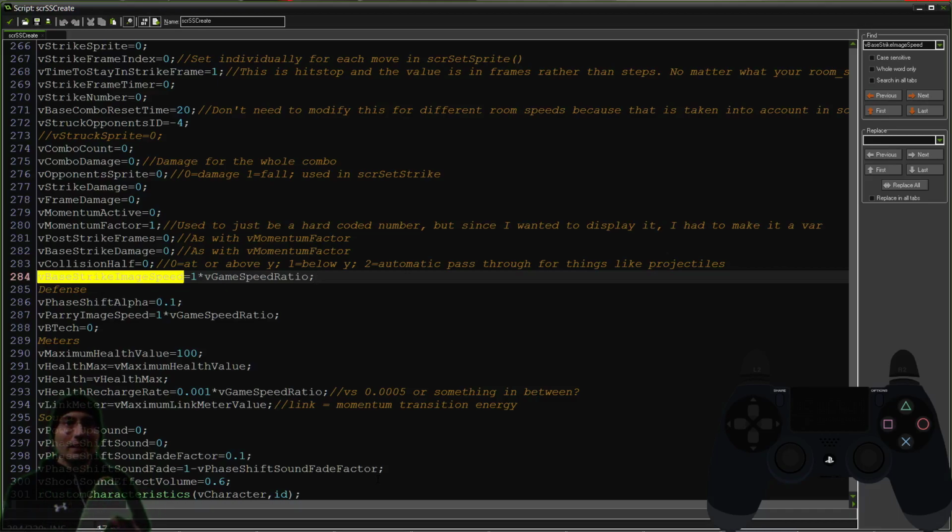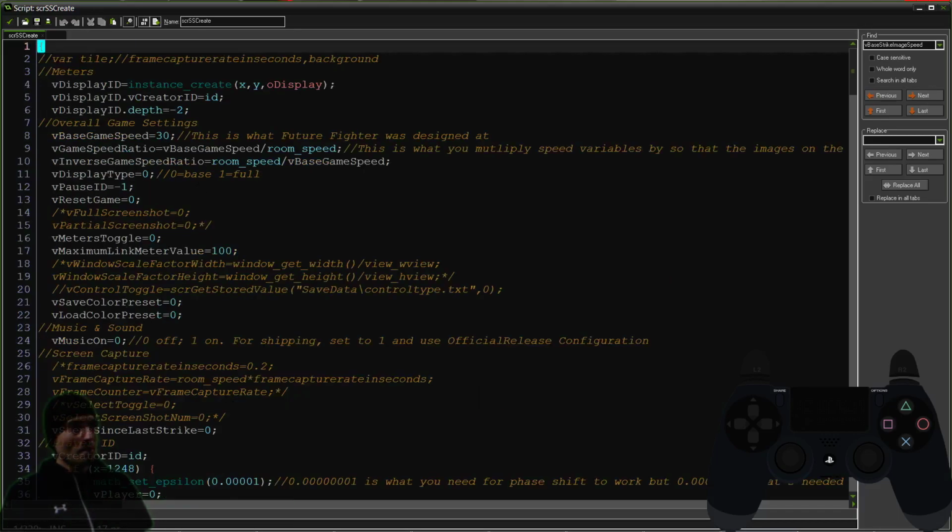So I had to basically do some division, and you just use this game speed ratio here. What I'm looking at here is you can kind of see what the base game speed was and how this ratio works.